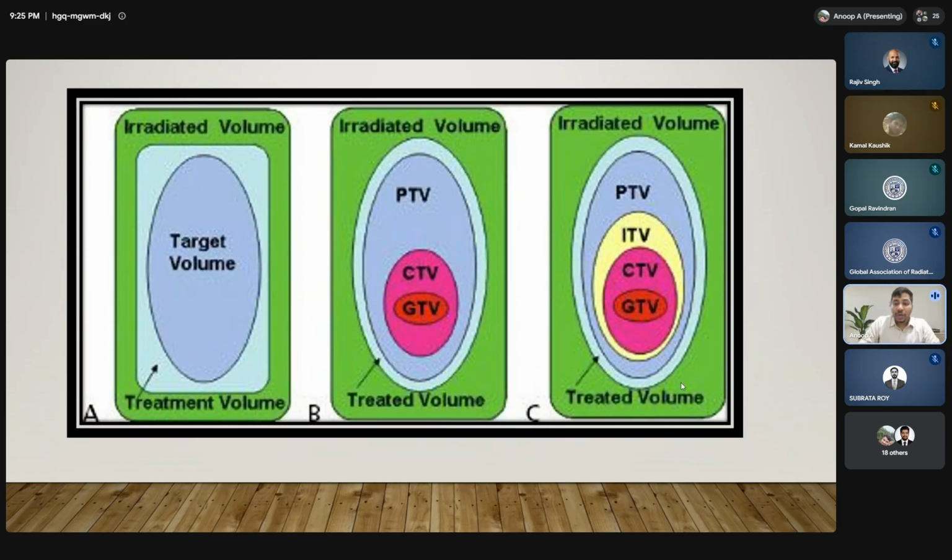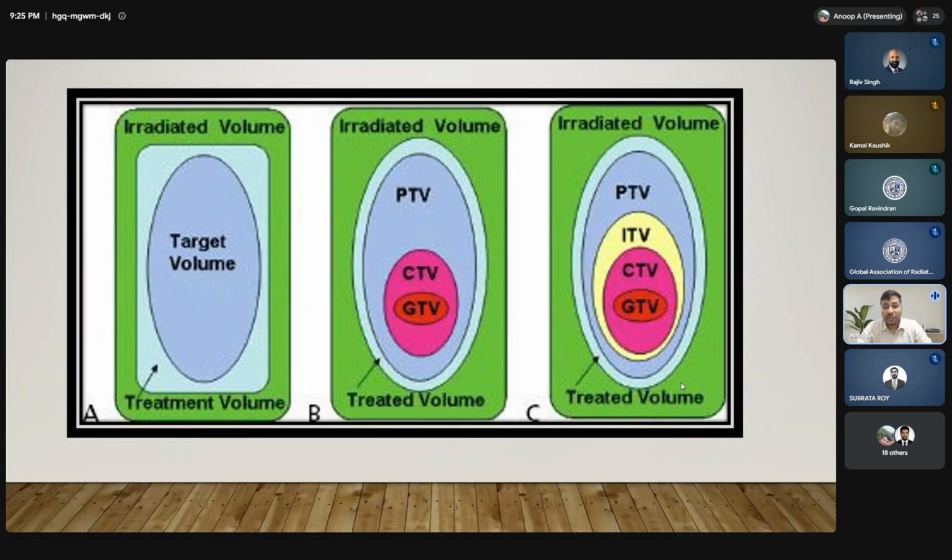In this diagram, you can see an illustration of the evolution of ICRU target volume definitions in radiation therapy across three stages, A, B, C. It shows how the target volume expanded over time to account for microscopic disease, positioning uncertainties, and internal organ motion.